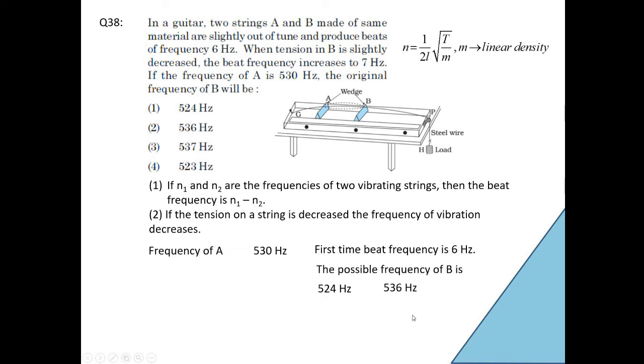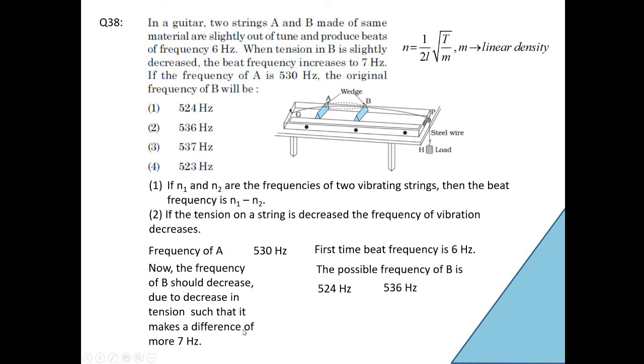To make sure which of the two is correct, the tension of B is decreased. So when tension decreases, the frequency of B should decrease. If it is 524, it has to decrease from 524. If it is 536, it has to decrease from 536. But the second time the beat frequency is 7 Hz. So imagine when 524 decreases by 1 Hz, it will become 523.